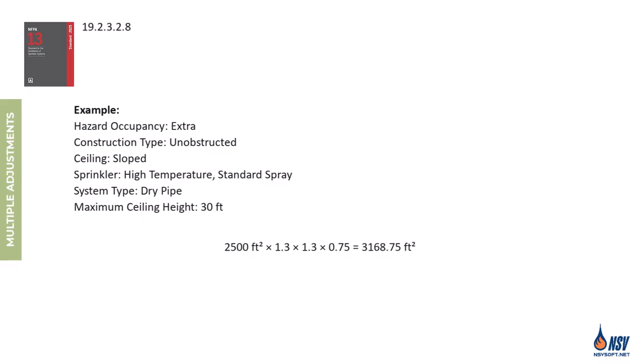The result is a final design area of 3,168.75 square feet. We also get the same result if we apply the reduction first, followed by the increase. Since the adjustments are compounded using multiplication, the final outcome remains unchanged regardless of the order.